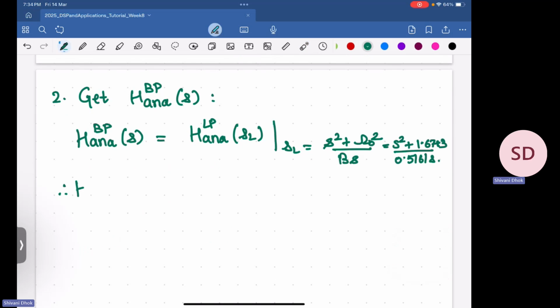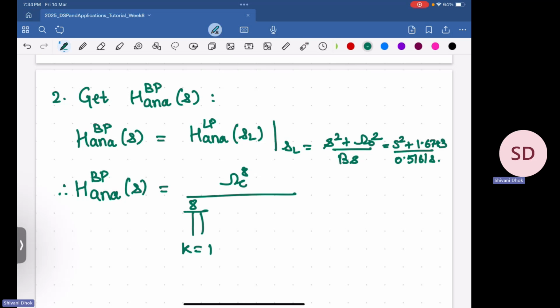Therefore H analog of band pass of S is equal to omega c to the power 8 divided by product of k running from 1 to 8.